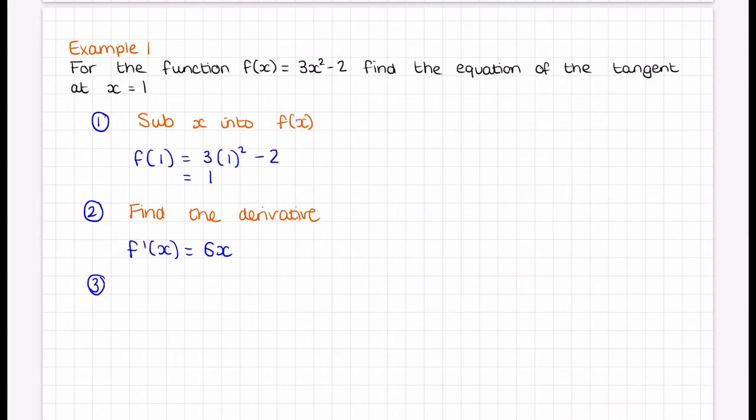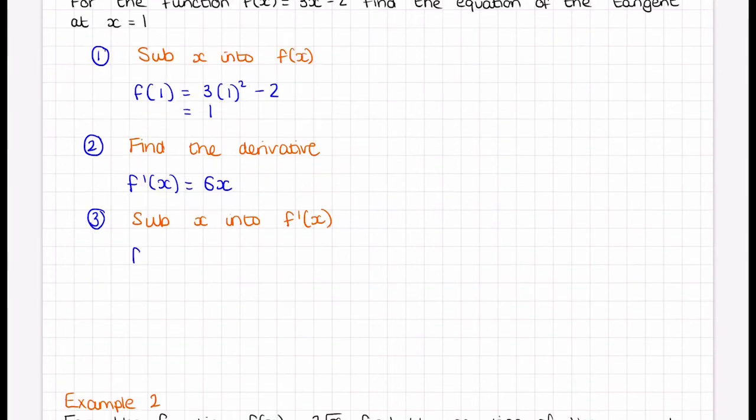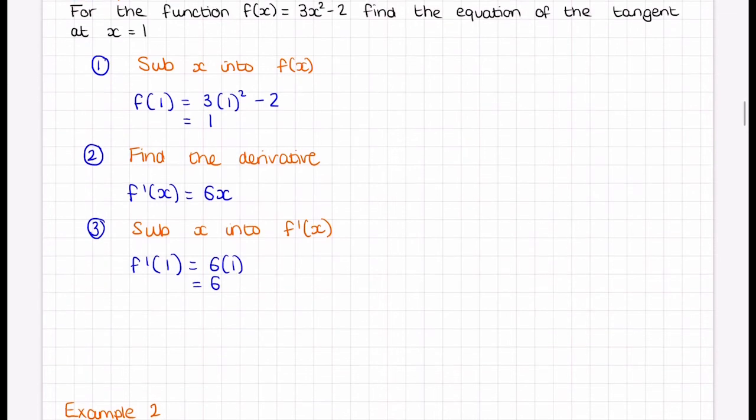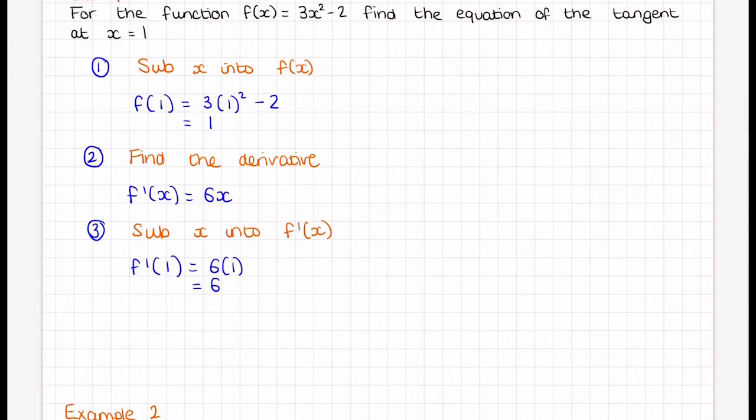So step 3, we need to sub in our x value to find the gradient at that point. So we want the derivative at 1, which will be 6 times 1, which is just 6. Now, because we're finding a tangent, we don't need to do step 4. We now just need to sub into our equation of a line.